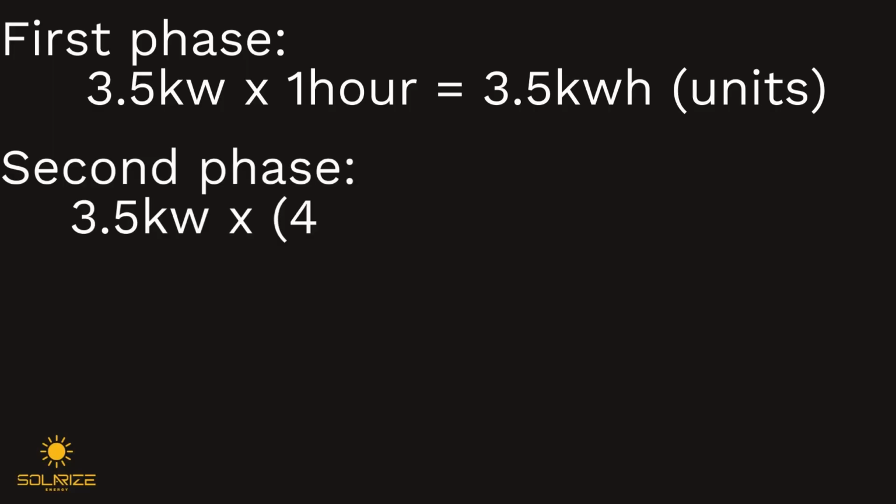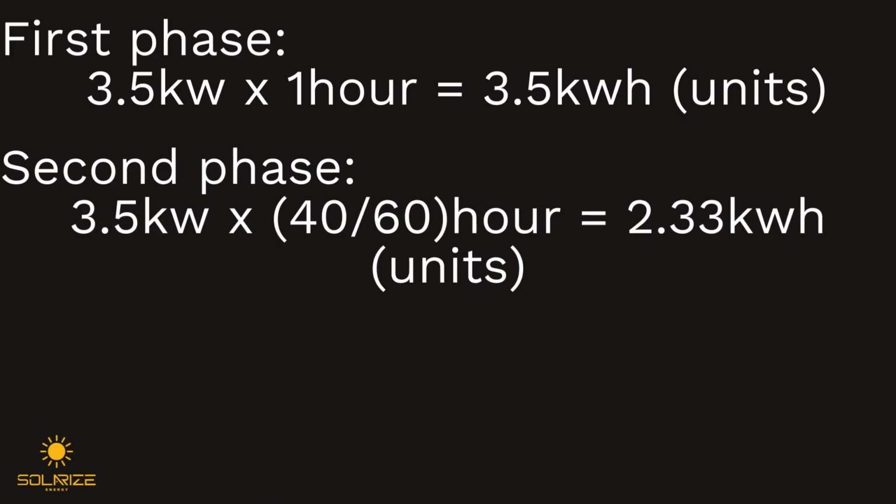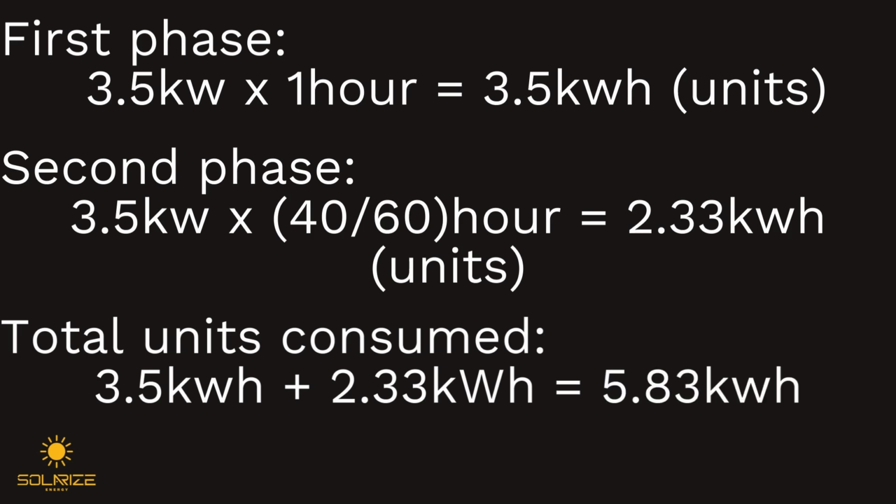So you will take 3.5 kilowatts multiplied by 40 divided by 60 minutes, and that will give you 2.33 kilowatt hours. So for that full time that the geyser has been operational, the geyser has consumed a total of 5.83 kilowatt hours.